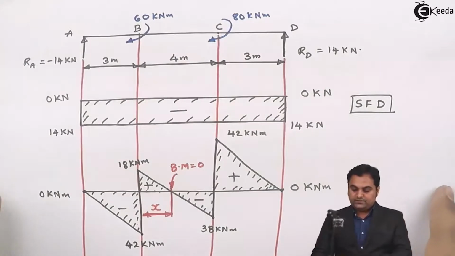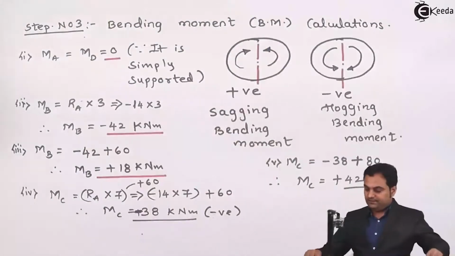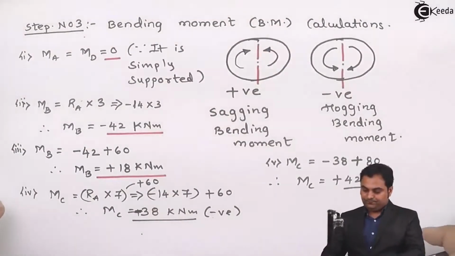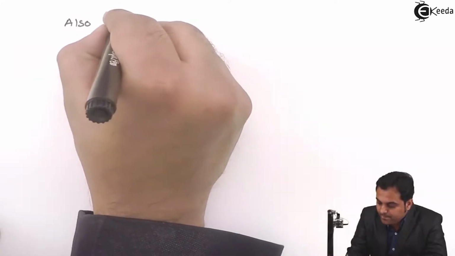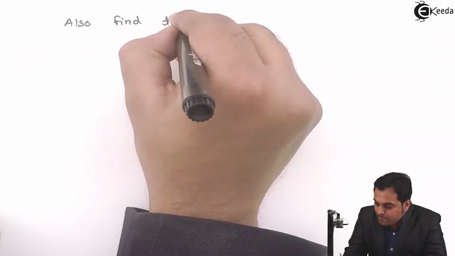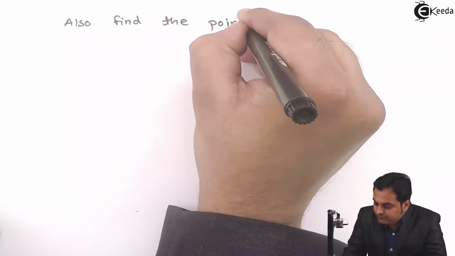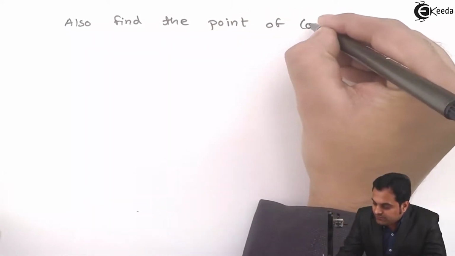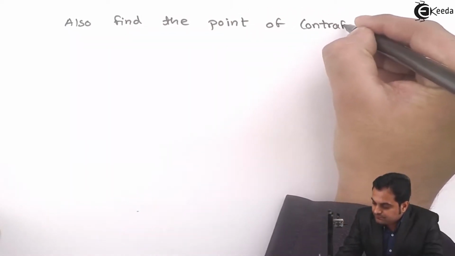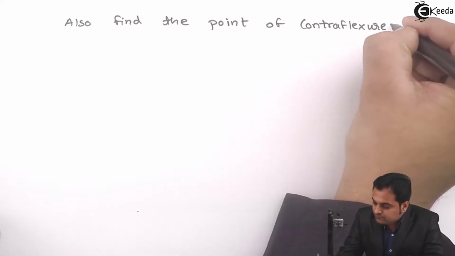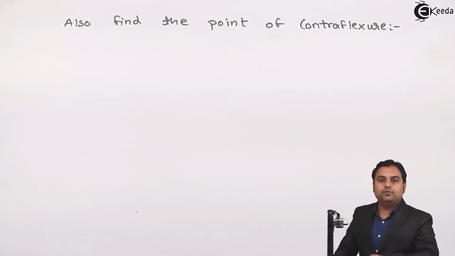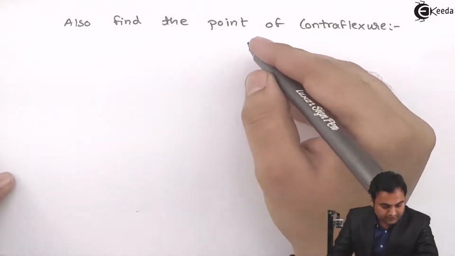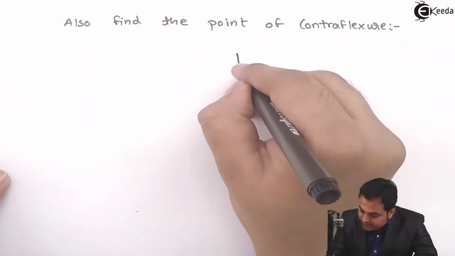So now in this problem I'll also find the point of contraflexure. Now point of contraflexure is that point at which the bending moment is 0. So for that here I draw the two triangles.